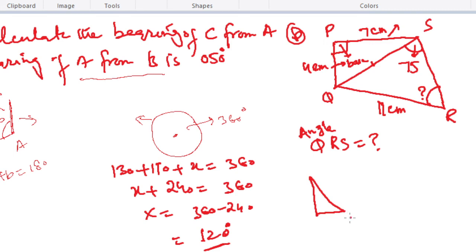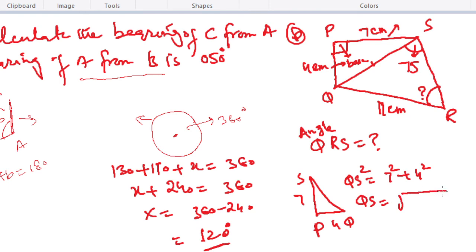This is Q, this is P, and that is S. So this is 7, this is 4, and this is QS. How to find QS? Using Pythagoras theorem. So QS square is 7 square plus 4 square.